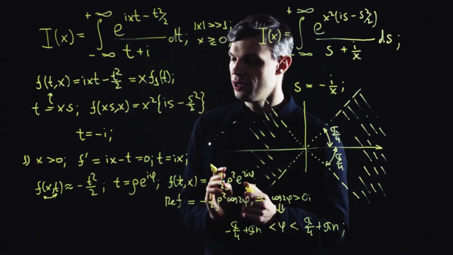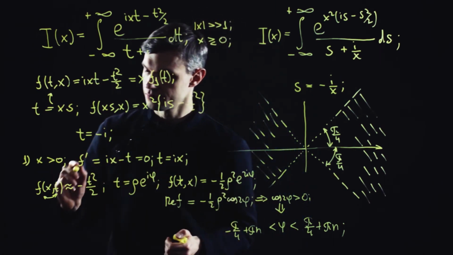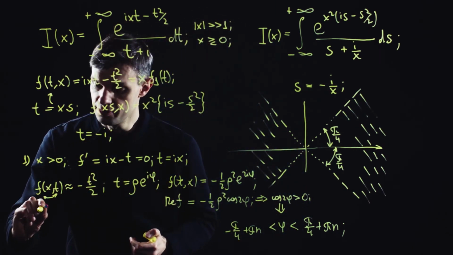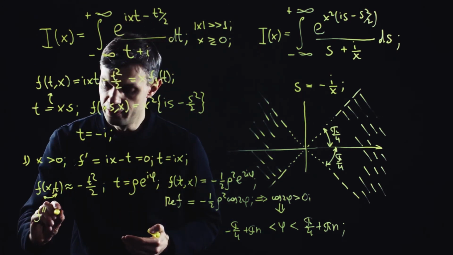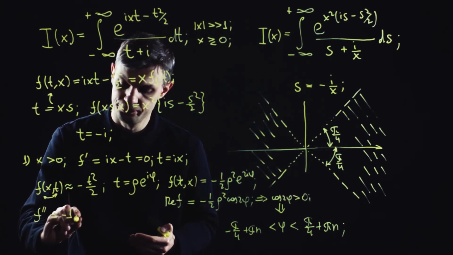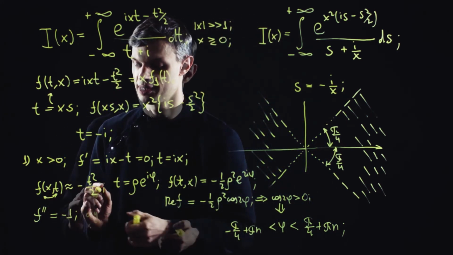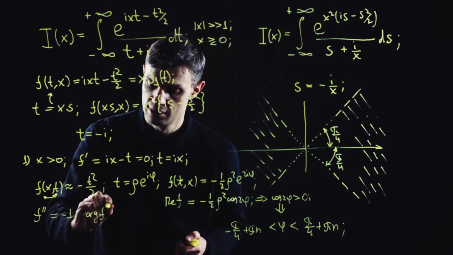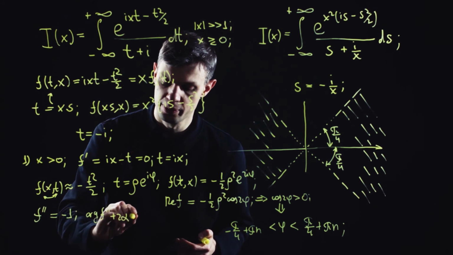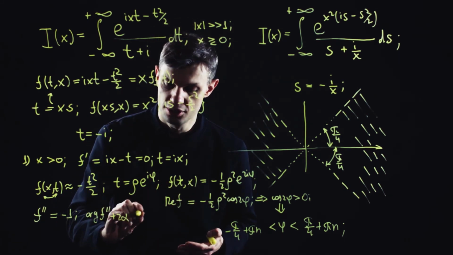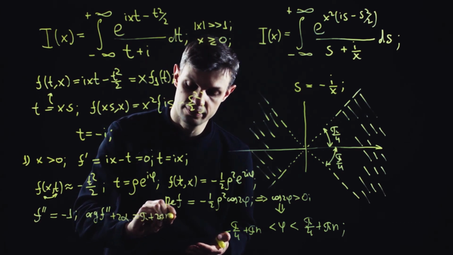Now let's figure out the steepest descent direction for our saddle. To do so, we need to compute the second derivative, which is -1. And the steepest descent direction is defined by the argument of the second derivative. So the argument of the second derivative plus 2 alpha, where alpha is the steepest descent direction, must be equal to pi plus 2 pi n.